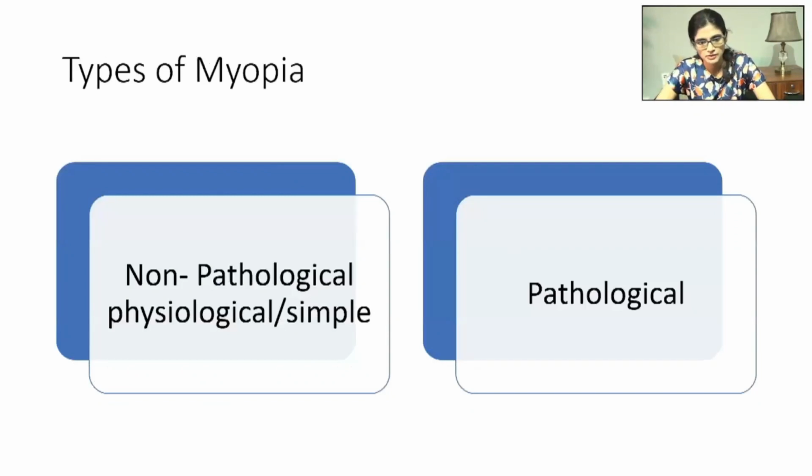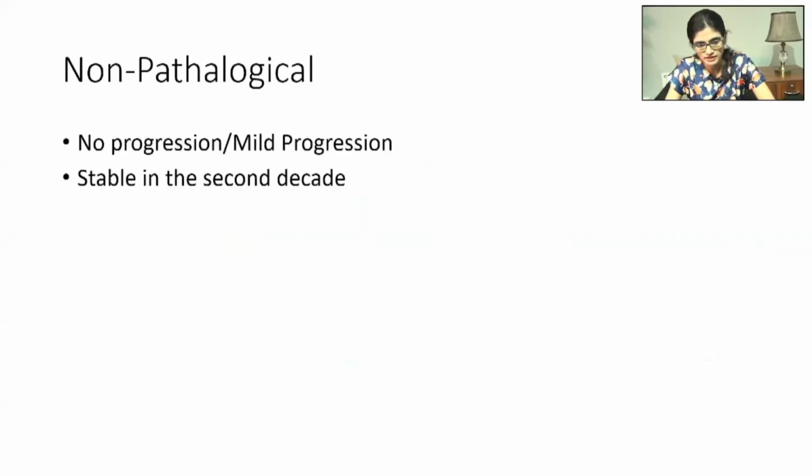So types of myopia: earlier we used to talk about adult onset and juvenile onset myopias. Now we generally say non-pathological or pathological. Non-pathological ones are the physiological or simple myopias, and pathological ones are the progressive myopias that lead to vision loss. Non-pathological ones don't progress a lot.